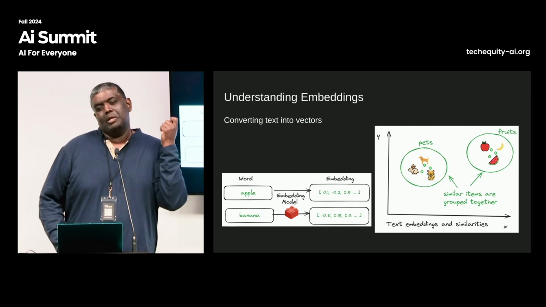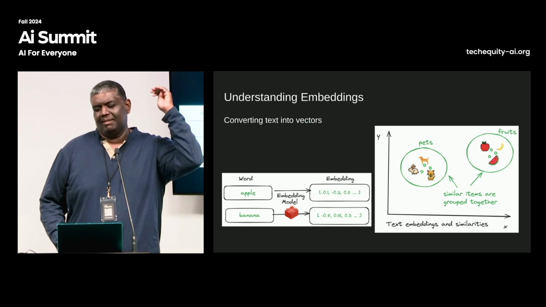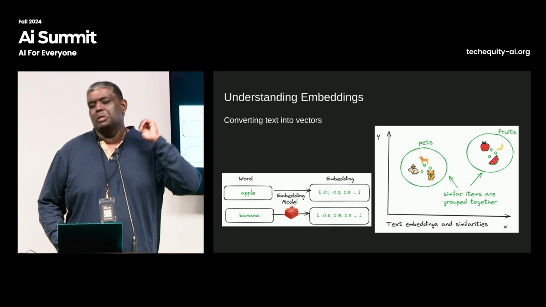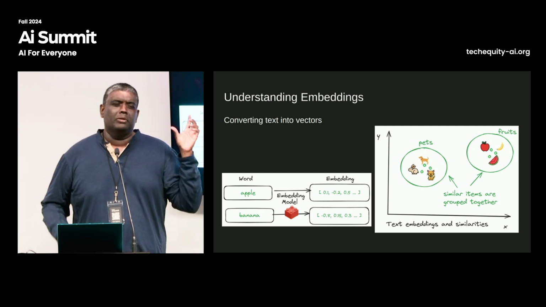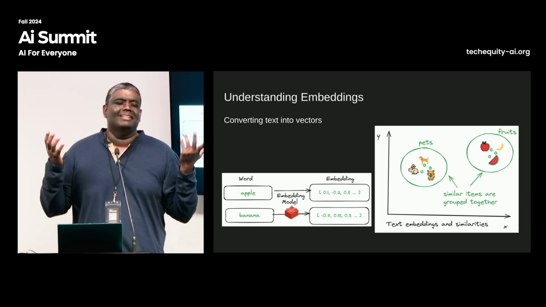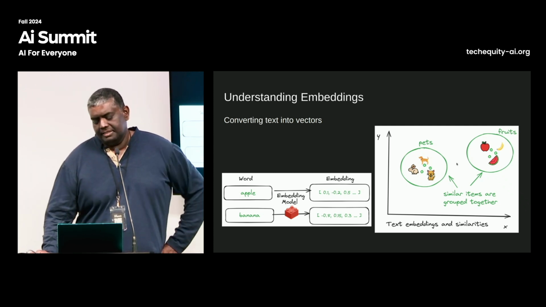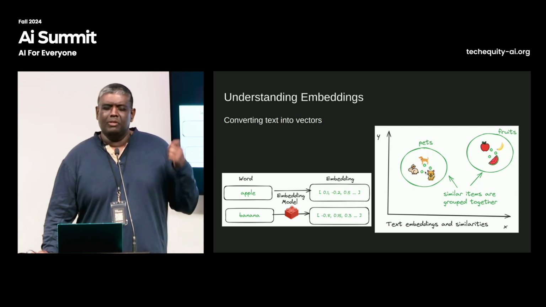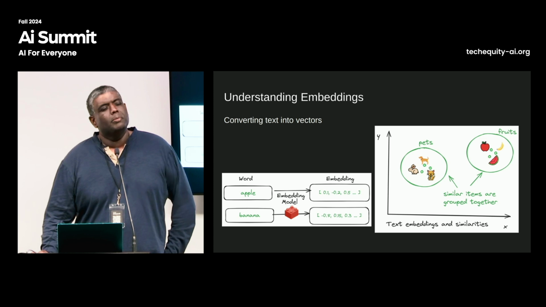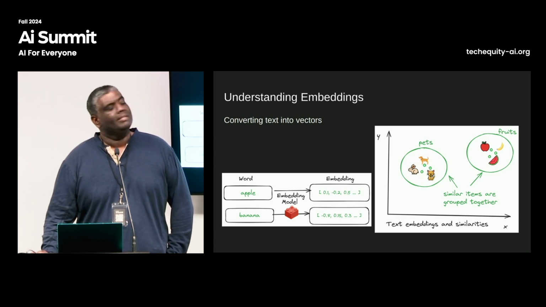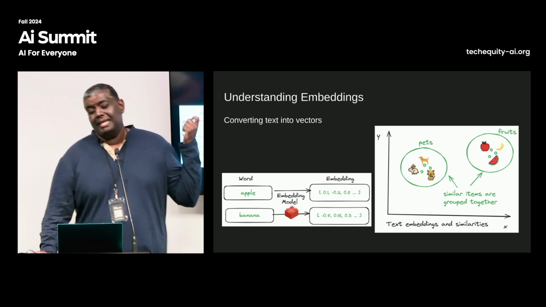Now, it may not realize they are pets. That's a high-level understanding, but it doesn't have to. All it has to understand is that whenever you see the word cat and dog, they're mentioned in the same context. That's it. Same thing with rabbit. When I see this animal, it's mentioned in the same context, so I'm going to map them pretty close together.